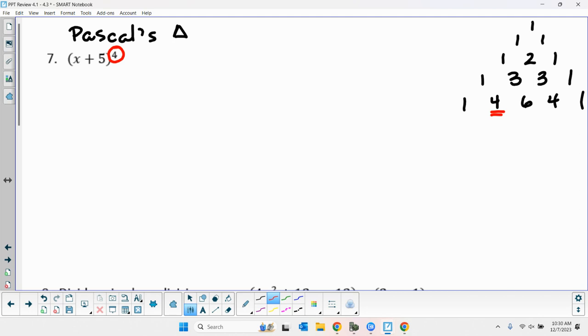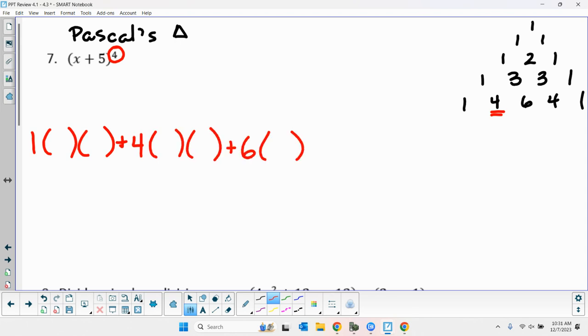Okay? So I'm going to do 1, give myself room here, 2 parentheses, plus 4, plus 6, plus 4, plus 1.